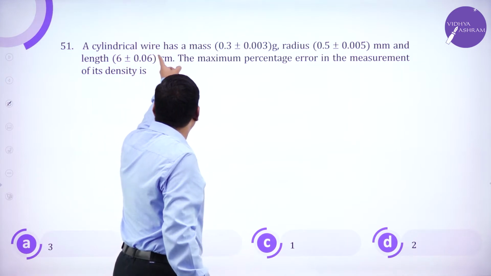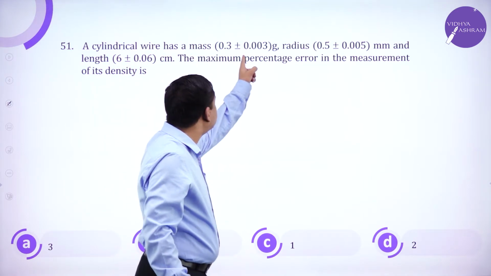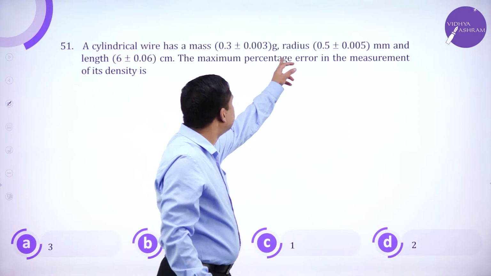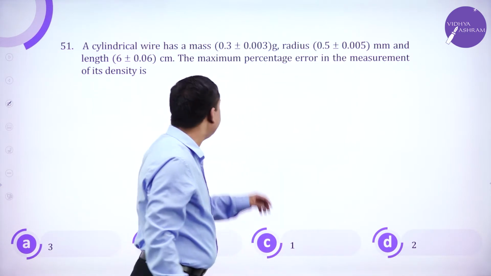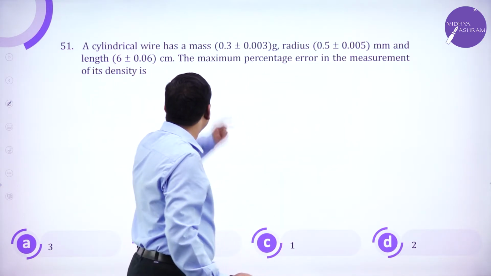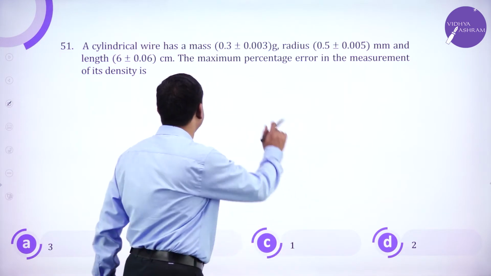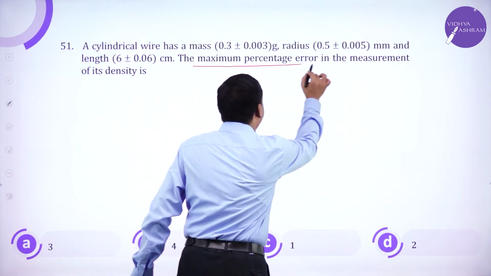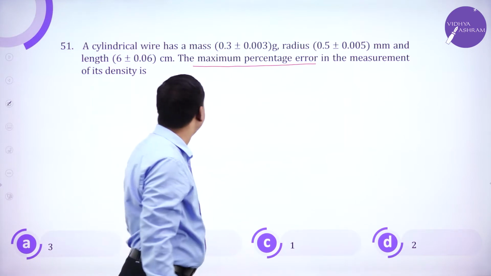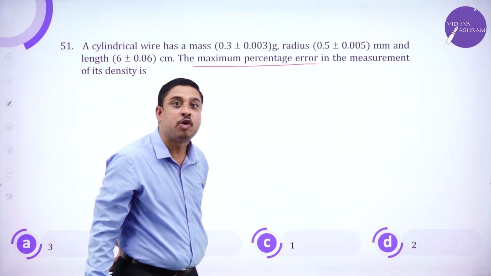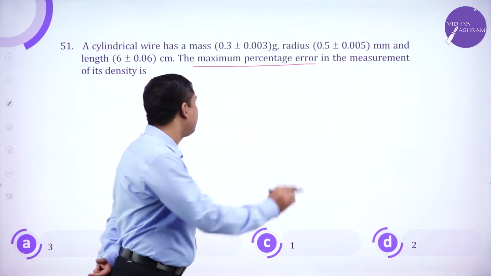Now, a cylindrical wire has mass so much, radius so many millimeters, and length so many centimeters. Maximum percentage error in the measurement of density.